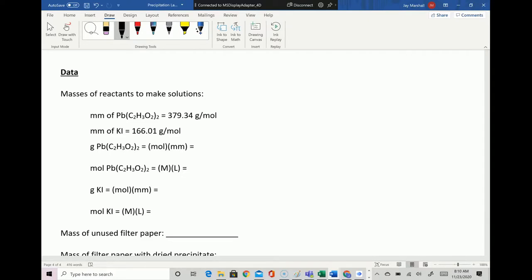Now we've already talked about this, but my experience is that chemistry students need lots and lots of times to go through this in order to finally have it make sense to them. So our first goal, masses of reactants to make solutions. How many grams?